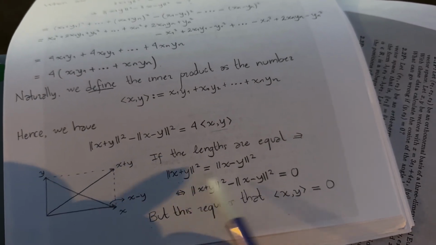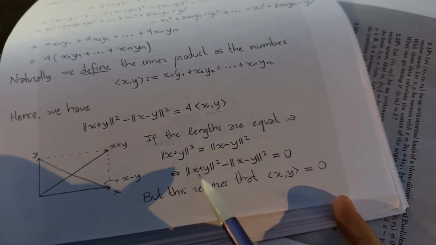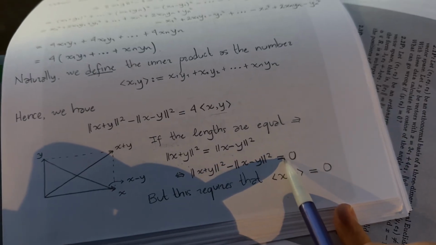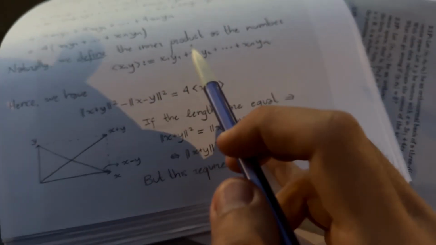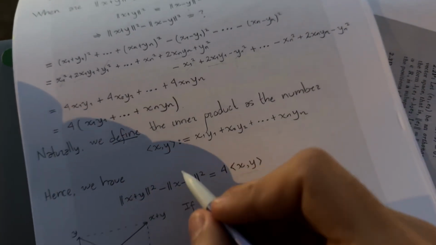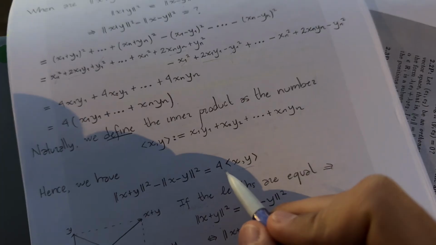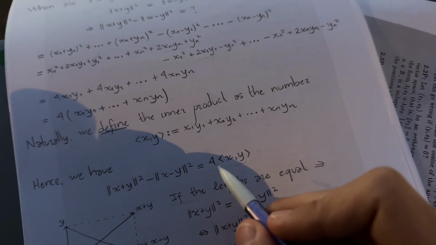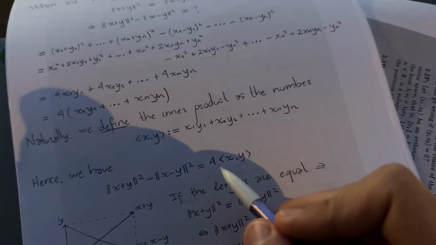Another natural question that arises is, what happens if the lengths are equal? What happens if this is equal to this? Well, when we subtract these things, we should get 0, right? But on the other hand, if we get 0 for this whole expression on the left, that means the whole expression on the right should be equal to 0 as well, because we have an equality here, so it has to hold.